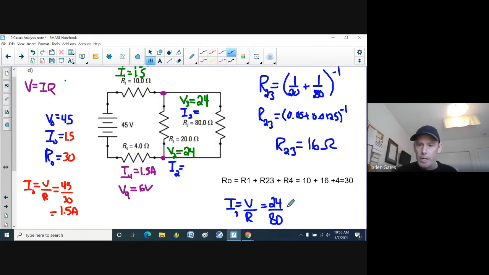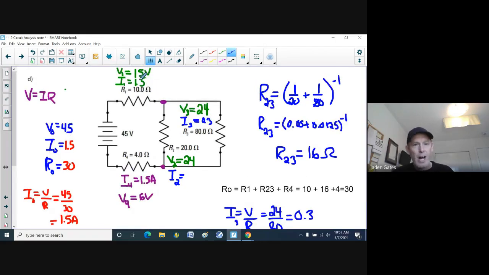No idea what that is going to be. So let's see here. I take 24, divide by 80, and so the current going through is 0.3 amps. All right, so again, if there's 1.5 amps coming to this junction, 0.3 are required to go down load number 3. Well, then I2 has to be the rest, which is 1.2 amps.